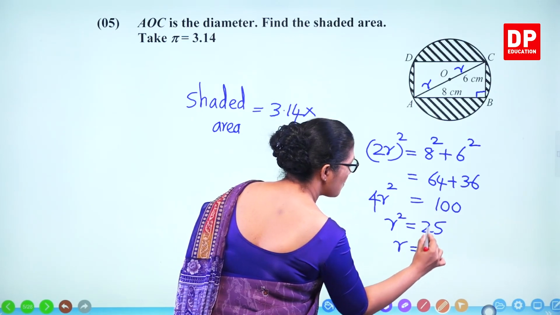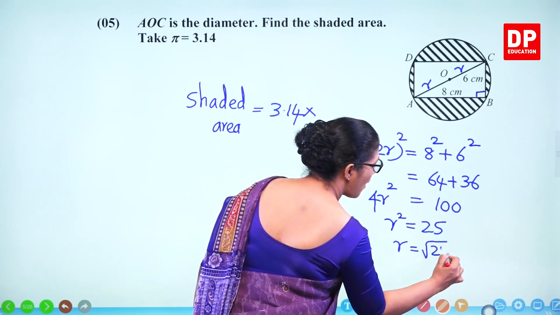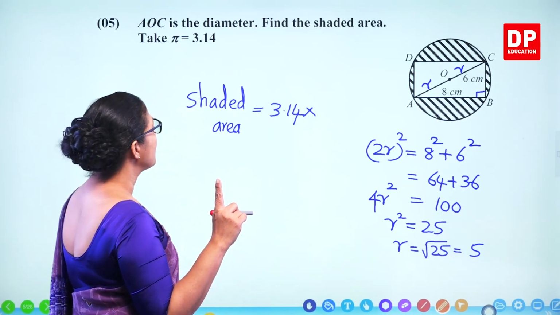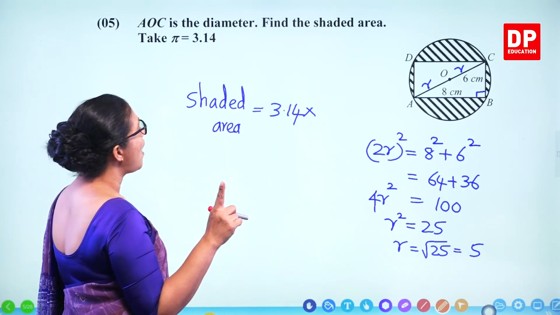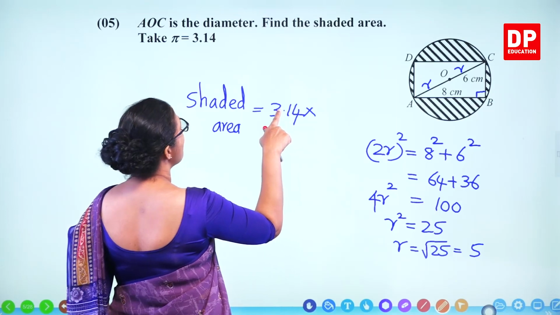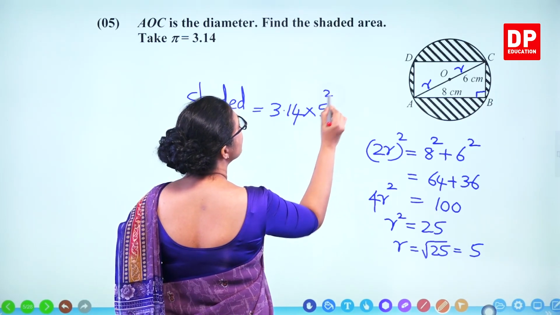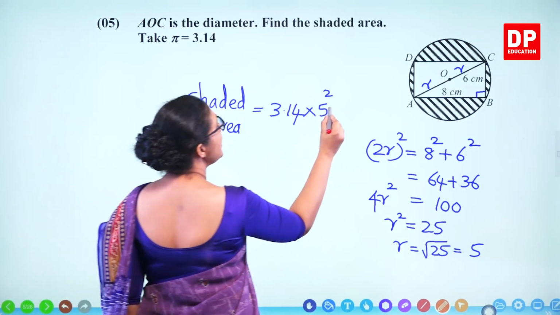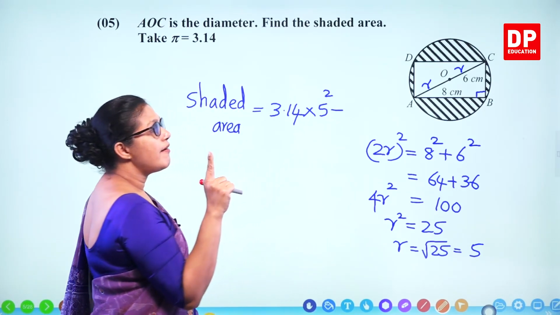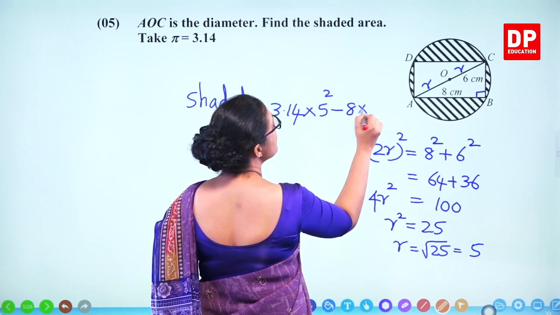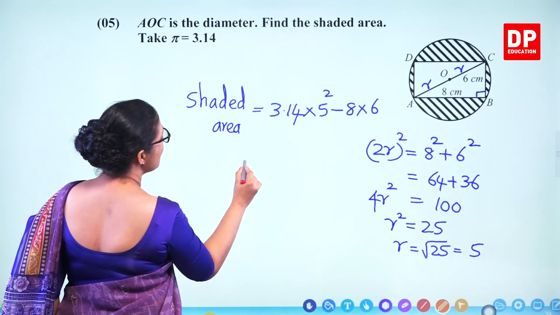So r becomes square root of 25, that's 5. Radius is 5. So you can substitute here. Pi r squared, 5 squared, minus area of the rectangle, 8 times 6.